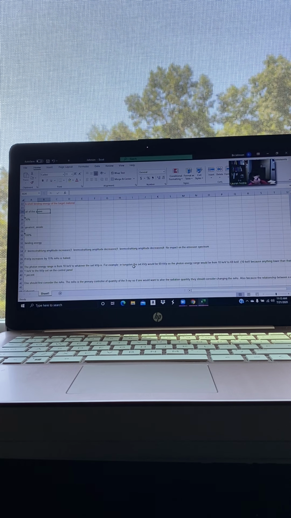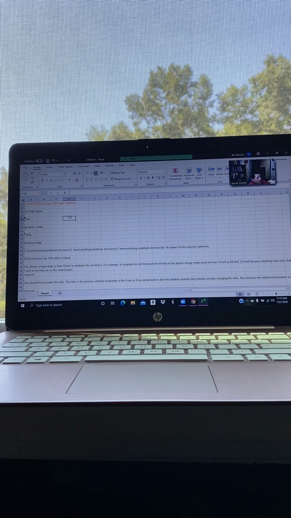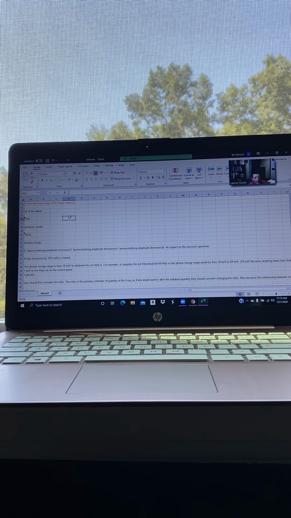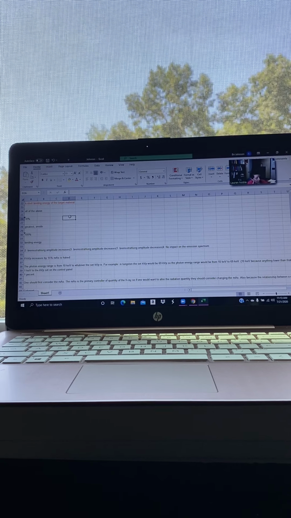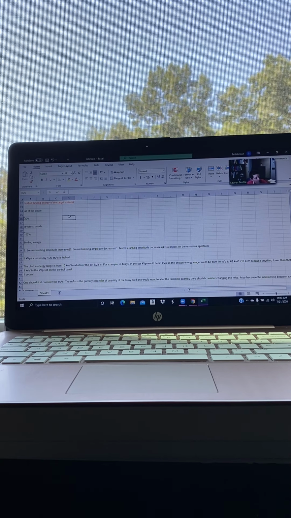And then the next one, decreasing the mass. If you decrease the mass, what will happen? Which of the following will happen? Well, if you decrease the mass, it has no impact on effective focal spot size. That was one answer choice. Mass does not decrease photon energy because mass has no impact on photon energy.